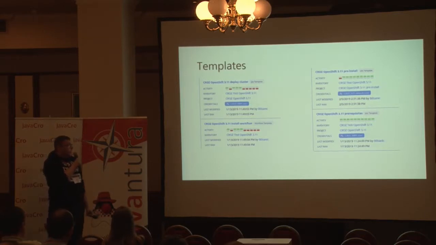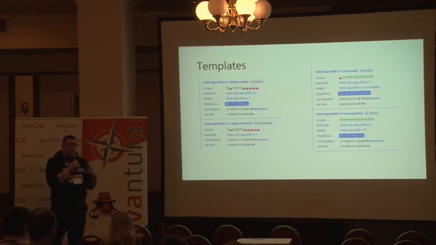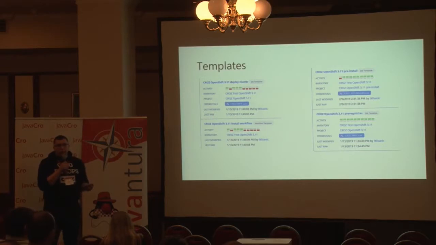After that, OpenShift requires us to run its prerequisites. It's also hosted on the OpenShift GitHub repo. This installs some dependencies that are needed for OpenShift, and then we have the OpenShift deploy cluster template. This template does the actual installation of OpenShift. And after that, we have an install workflow template. This is what we call the one-click installation.